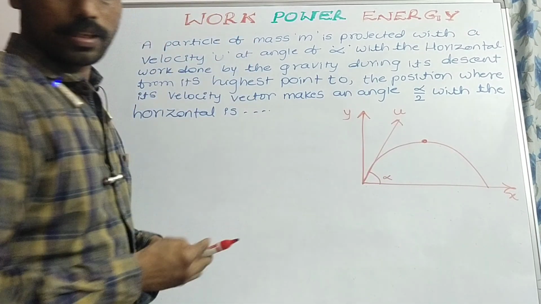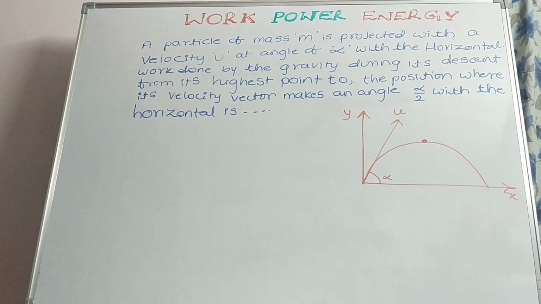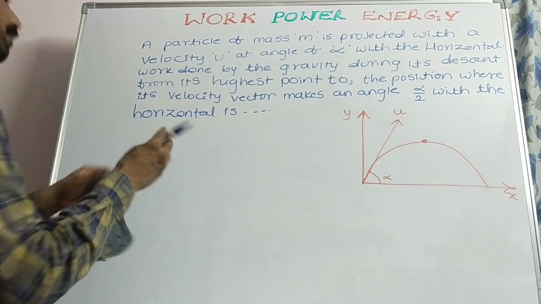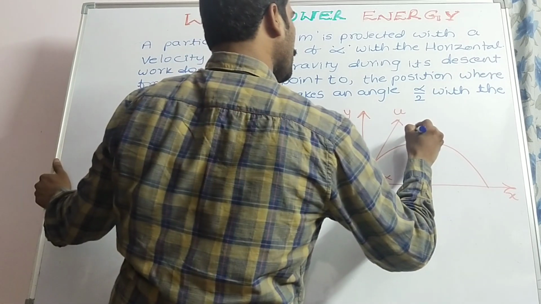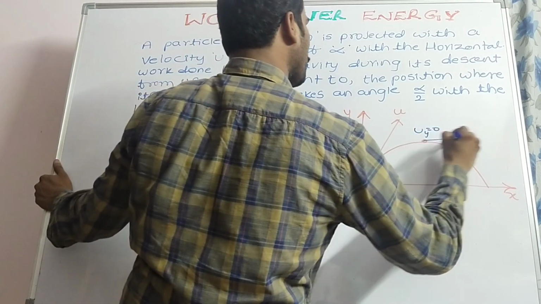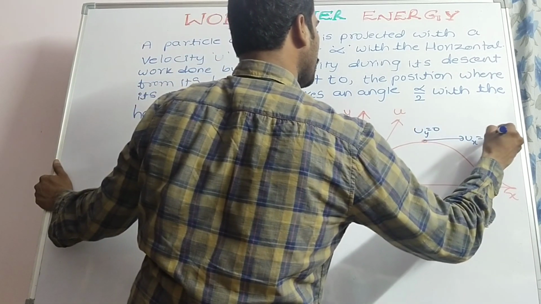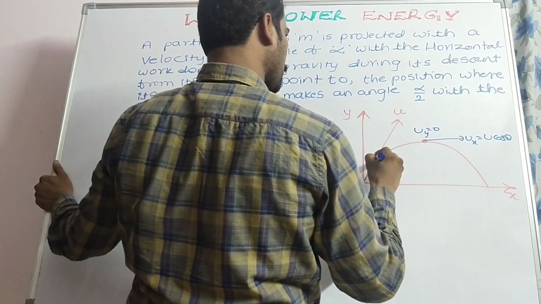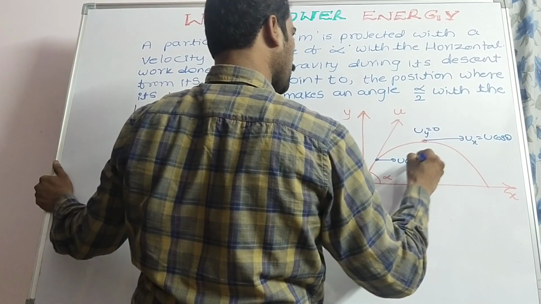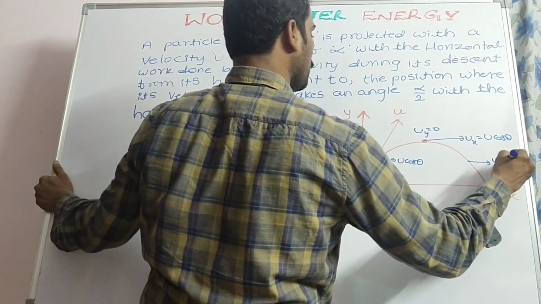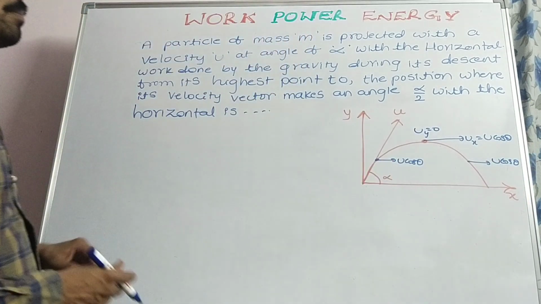But we know at the highest point, uy is equal to 0, the vertical component is 0, but at any position the horizontal component ux can be considered as u cos theta, here or here or here. That is, the horizontal component of velocity remains constant.